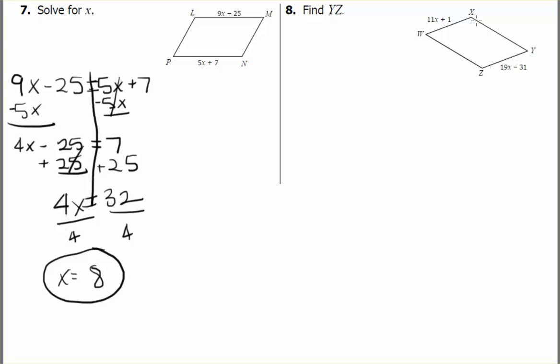Number 8 is going to use that same property. So WX, this side right here, is opposite DY, and those are the two sides where the expressions are written. So the setup is the exact same. So since the opposite sides are congruent, I'm going to set those two expressions equal to each other.